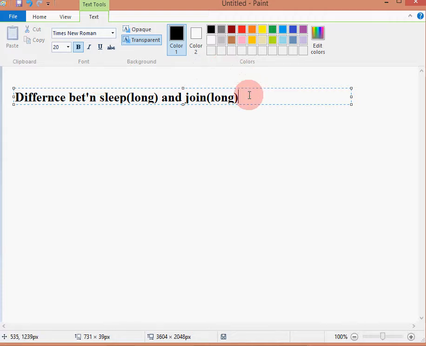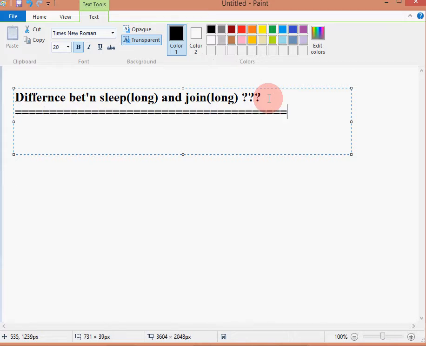What is the difference between sleep(long) and join(long)? Both pause the execution time, but if you're using the sleep(long) method, it waits the given time period.